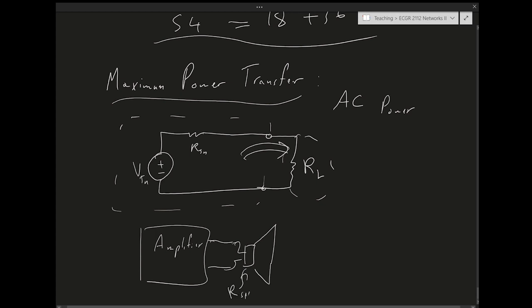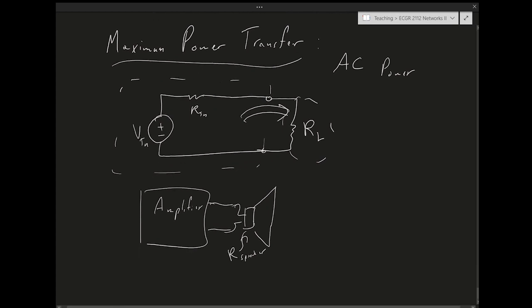So the question is, how do you maximize the power that goes into the speakers? Because if you maximize the power, you maximize the sound volume. And the point where you get the maximum power is when the R of the speaker equals the Thevenin equivalent resistance of the amplifier, R Thevenin.